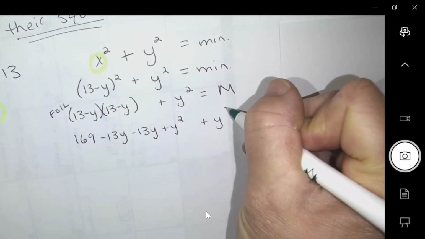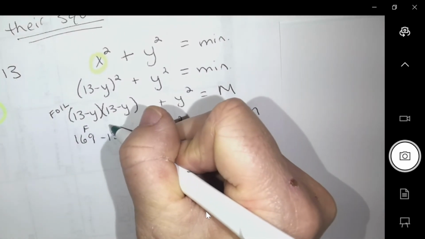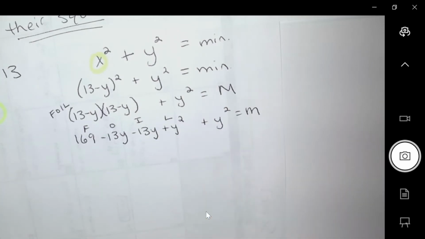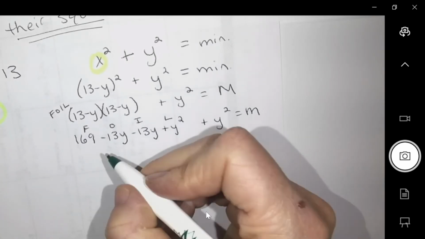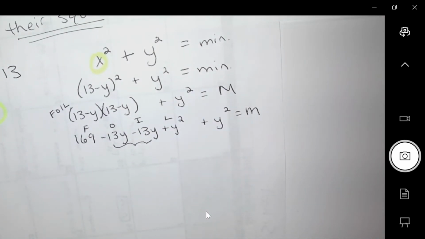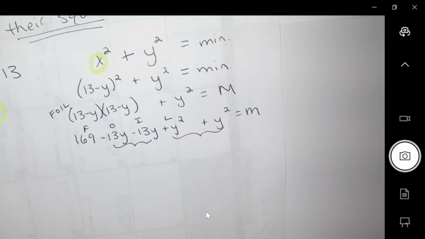Don't forget, there's another also. Okay, there's my FOIL, and then don't forget we had another y squared. Okay, we can put those together. That's okay, they're like each other.